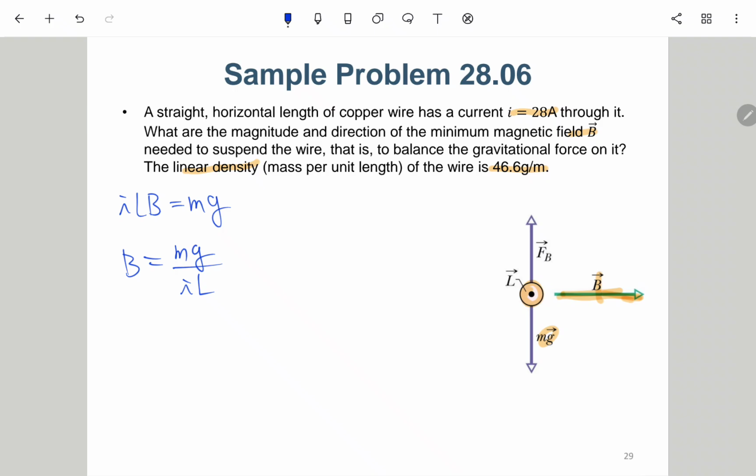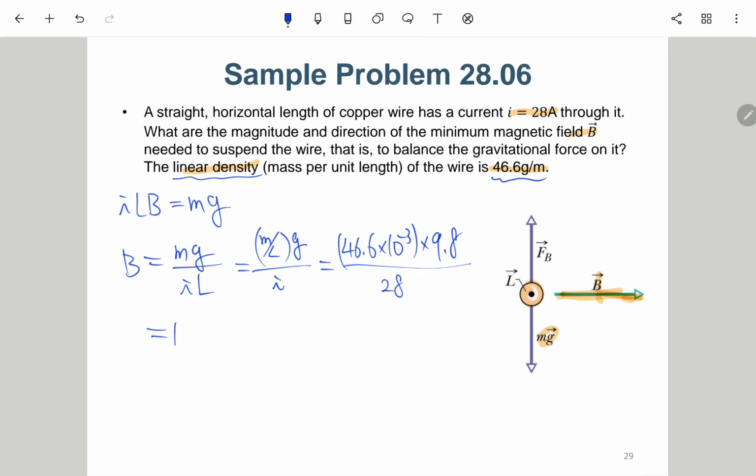What we have is the linear density, which means what we have is m over L, the mass per unit length. So B equals (m over L) times g, over I. So this is 46.6 gram per meter, which is 46.6 times 10 to the negative third power, times 9.8, over I, which is 28. So the B field should be 1.6 times 10 to the negative 2 Tesla.